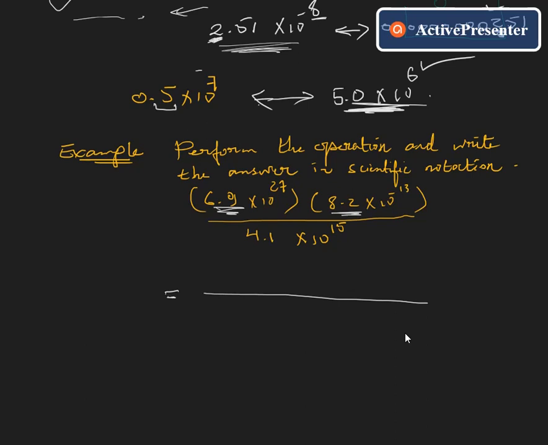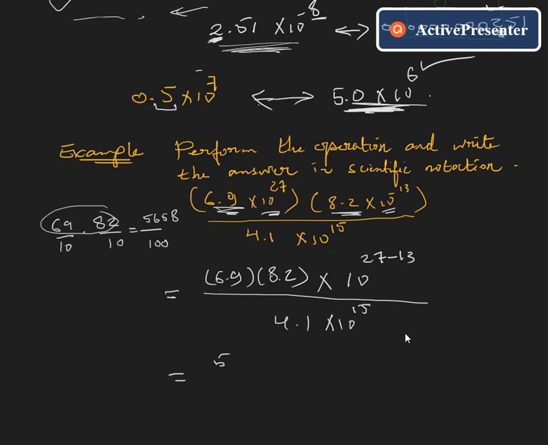So we will multiply 6.9 multiplied in 8.2, and we multiply, of course, in 10 to the power 27 multiplied in 10 to the power minus 13, so it should be 10 to the power 27 minus 13, over 4.1 to the power 15.